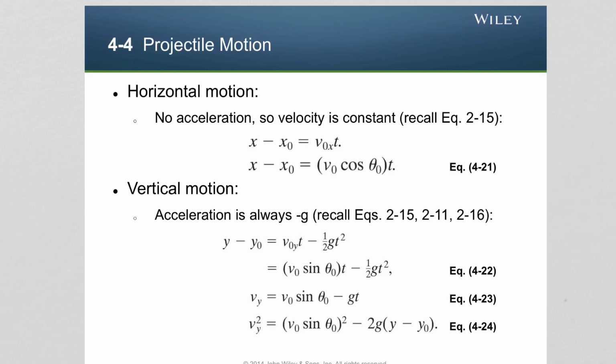Then for the vertical velocity, the final vertical velocity is equal to the initial velocity v0 sine of theta minus gt. And then we also have that vy squared is equal to v0 sine of theta to the second power minus 2 times g times (y minus y0). So this first term here is the initial velocity in the y direction, and this difference here is the vertical displacement.